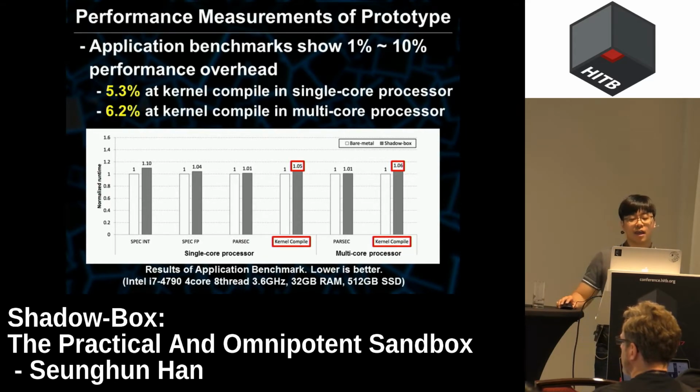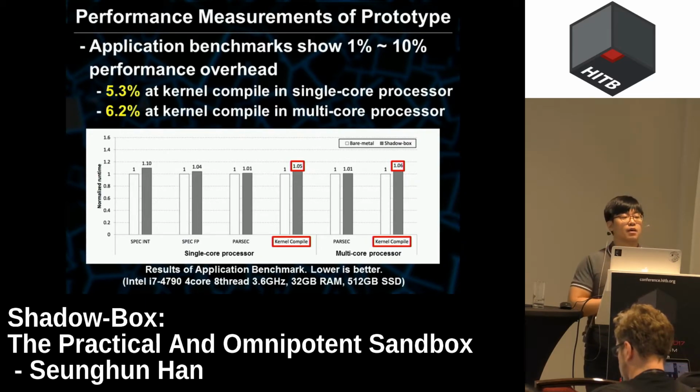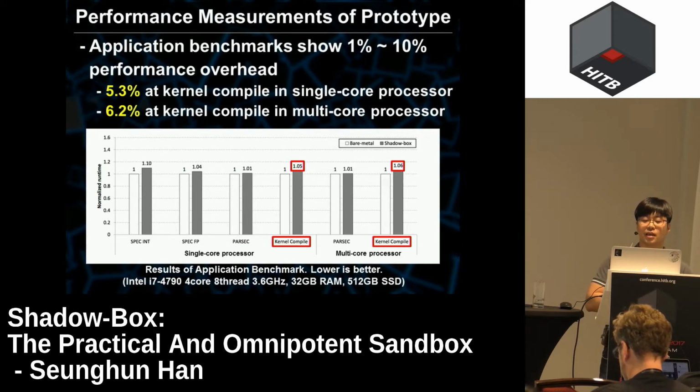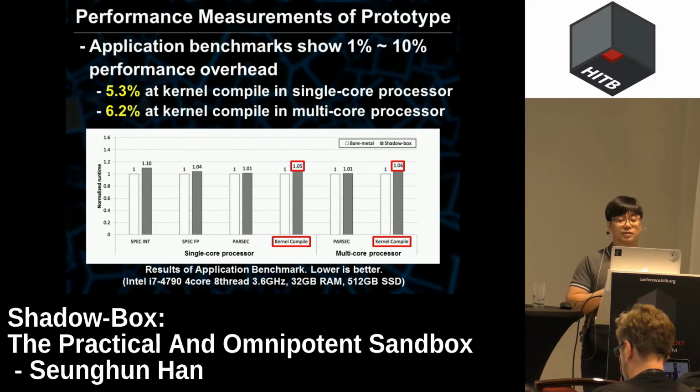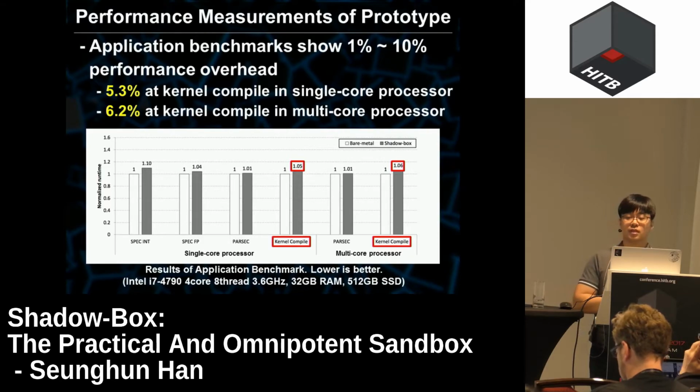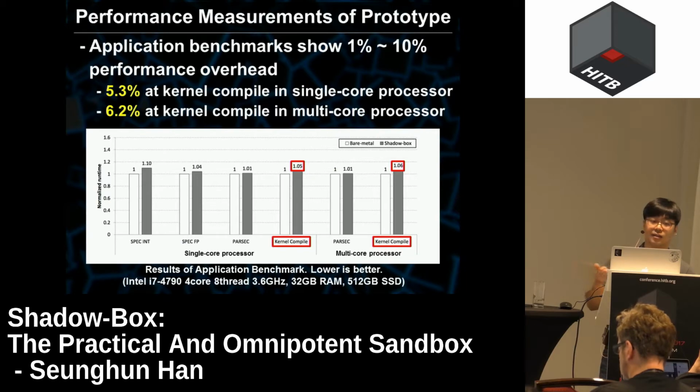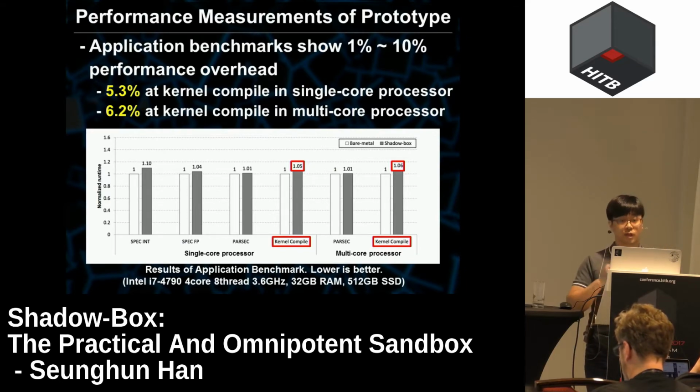In the kernel compile case, which has well-mixed I/O jobs and CPU jobs, it is 5.3% in a single-core processor environment and 6.2% in a multi-core processor environment. I think these are reasonable overheads, and these overheads do not affect user experience.